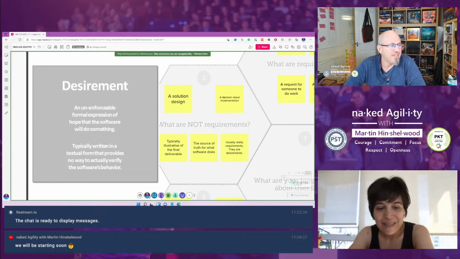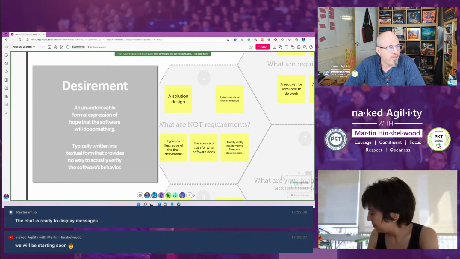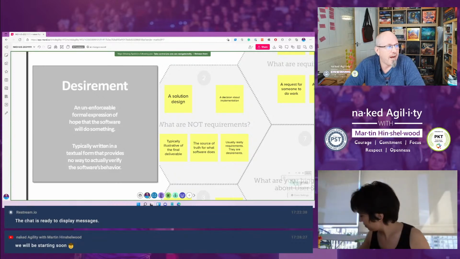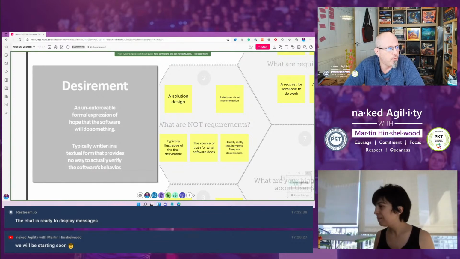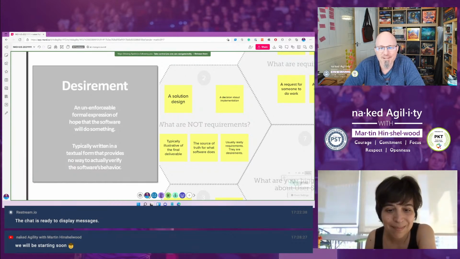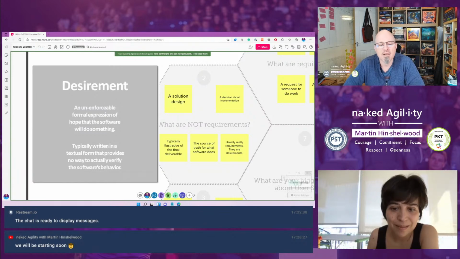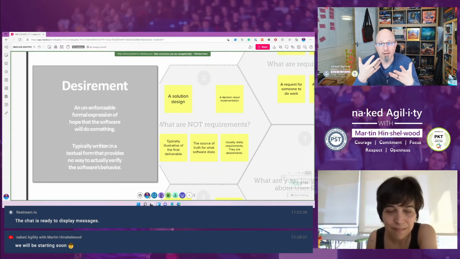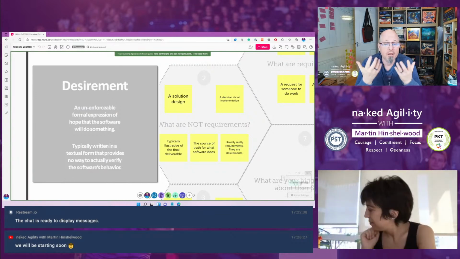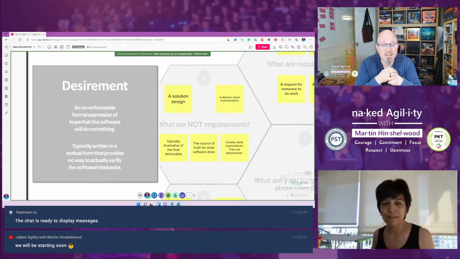Predicting the future, isn't it? So that's why I have this idea of what are not requirements, and a desirement being an unenforceable formal expression of hope that the software will do something. I think one of the purposes of the feedback loops in agility, specifically around the sprint review, is to do that diff between what did we create and where does the product need to go next.